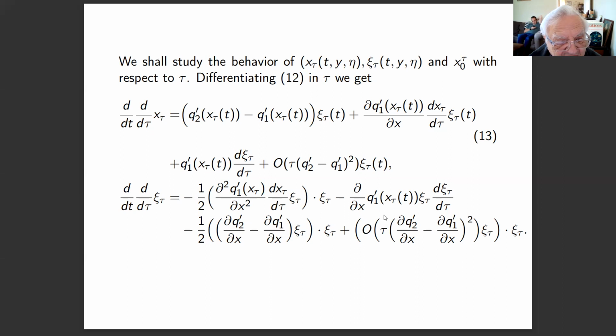Now the derivative in xi has a similar form, and here the principal part is again the derivative d/dx of q_2 prime minus d/dx of q_1 prime.